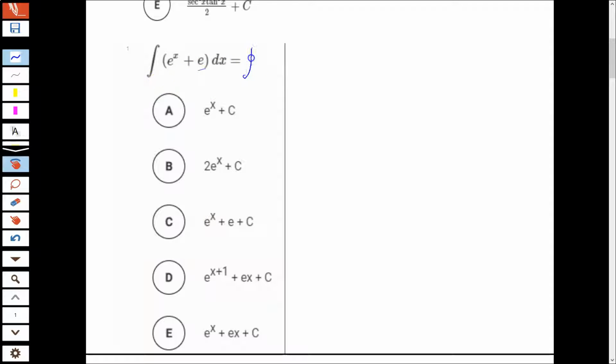Actually, here's an interesting way I can rewrite this. If e is about 2.71, I can rewrite this as the integral of e to the x plus 2.71 dx, right? Then that integral is equal to, well, the derivative of e to the x is e to the x, right? That means the antiderivative of e to the x is still e to the x.